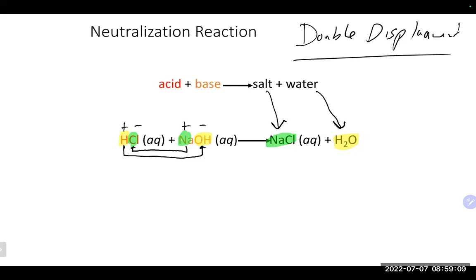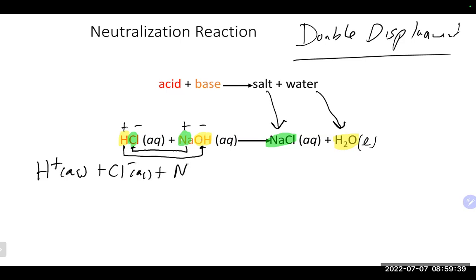Most of the time the salt is going to be soluble. You could potentially get an insoluble salt, but I would say most of the time it will be soluble. And we would make water, which is a liquid. This would be our balanced molecular equation. We can write our total ionic equation for this. Because hydrochloric acid is a strong acid, it would break apart into H plus and Cl minus.